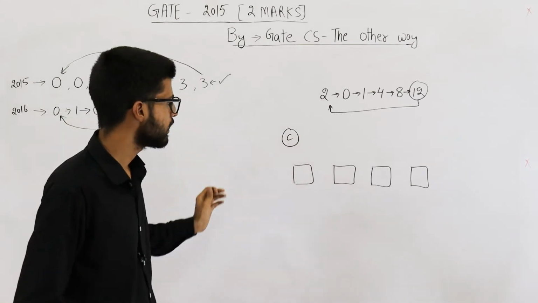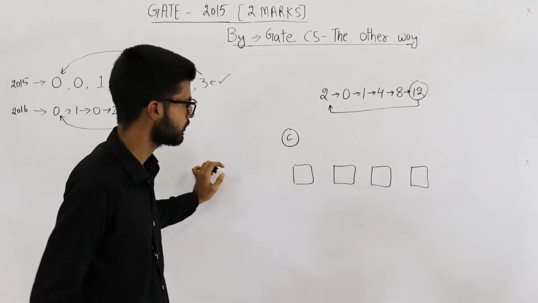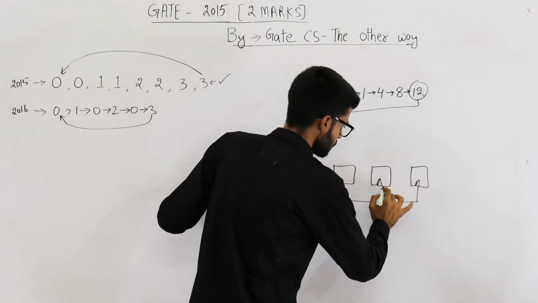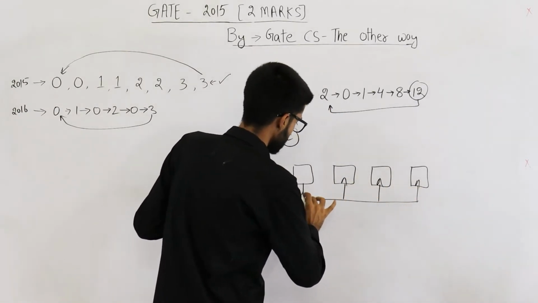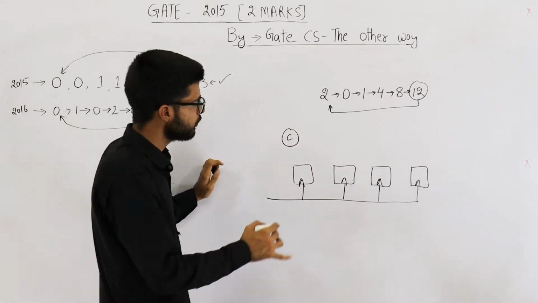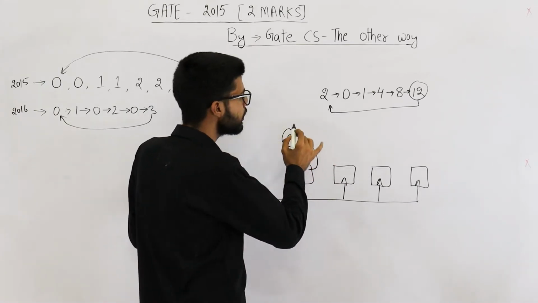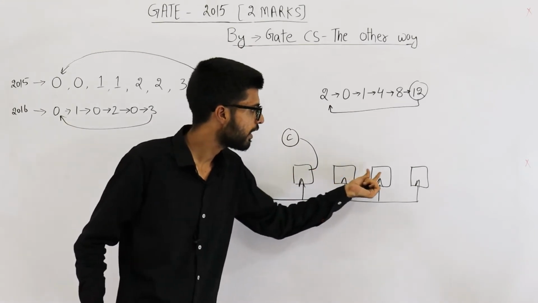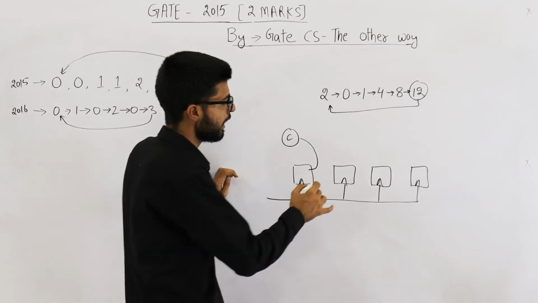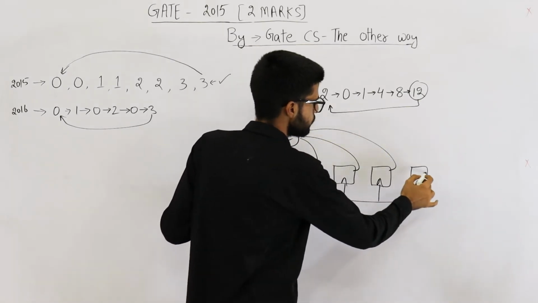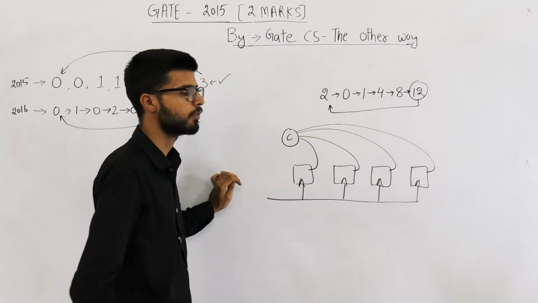I'm not going into great detail of how to draw this, but there will be a common clock to all of these. To make them synchronous, there will be a combinational circuit which will take as input the current state. The current state is defined by the output of every flip-flop. So it will have these inputs, like this.